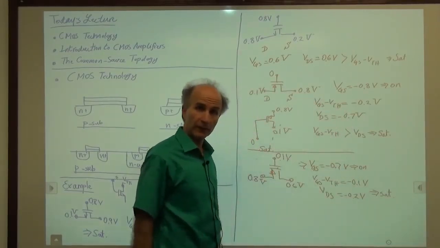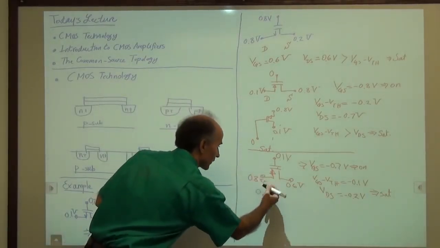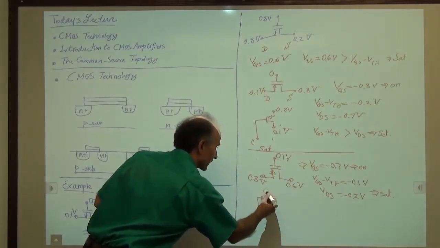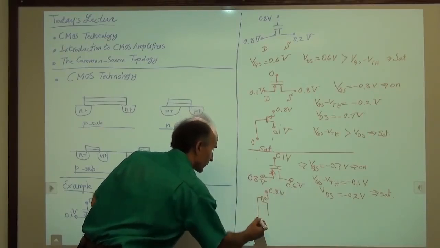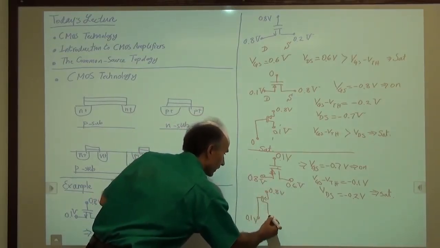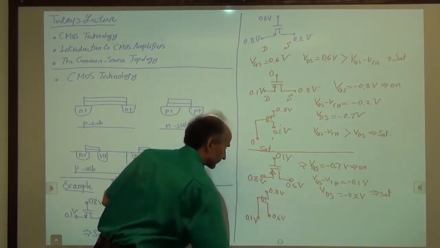And again, if you are in doubt, we go back to this picture. Let's redraw that with the source on top. The source is at 0.8 volts. The gate is at 0.1 volt. And the drain is at 0.6 volts.